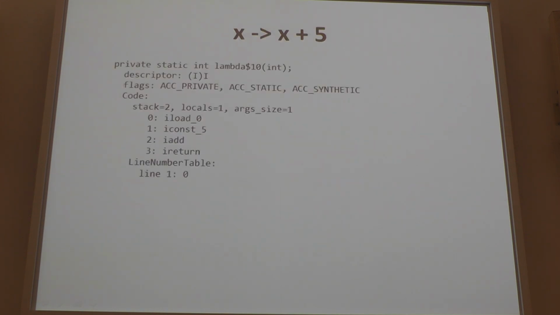And if we look at the bytecode again, it's just adding 5 to the parameter and returning it.